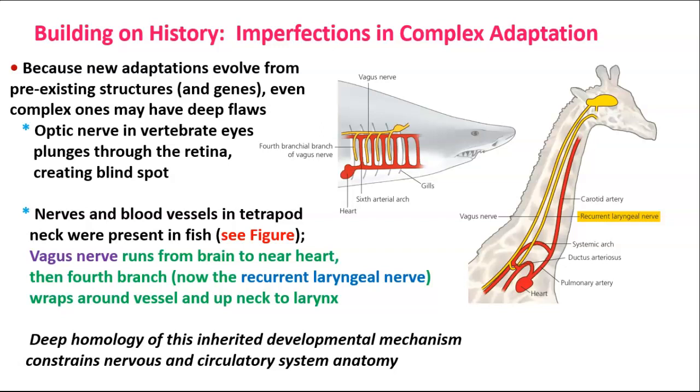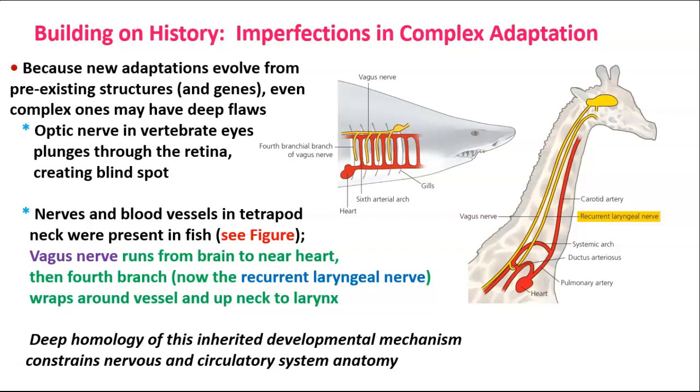But as another great example, let's take a look at the recurrent laryngeal nerve that exists in giraffe necks as an imperfection, where evolution used the raw material that was already there, and we end up with this crazy adaptation that certainly doesn't seem like, if you were starting from scratch, the best way to go.